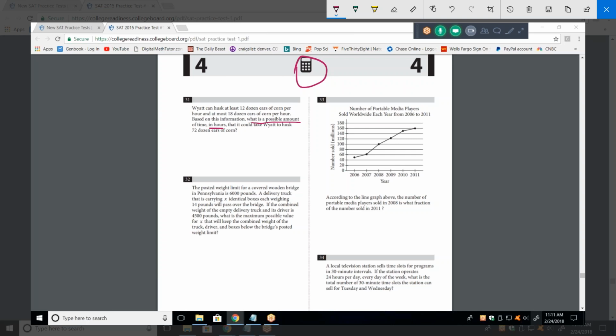Well, okay. Now, if you have questions as to whether you're going to divide 72 by 12 or divide 12 by 72, let's figure out how we can answer that. It's 72 dozen ears of corn, I'll abbreviate like that, divided, if we decide we're going to do it this way, by 12 dozen ears of corn per hour.